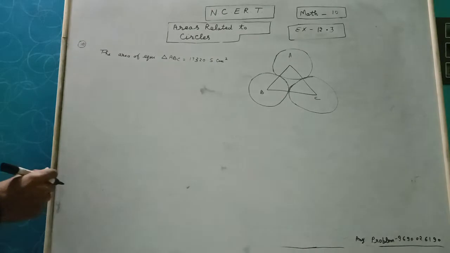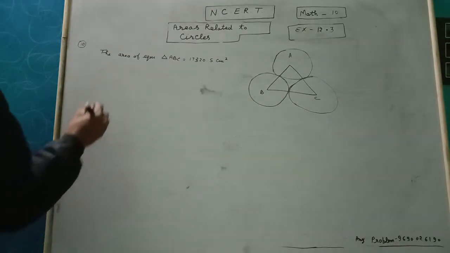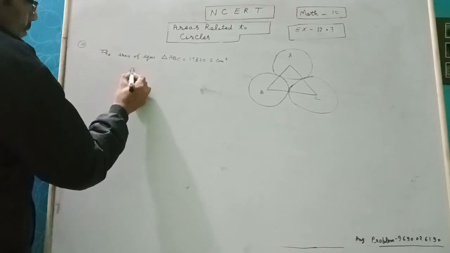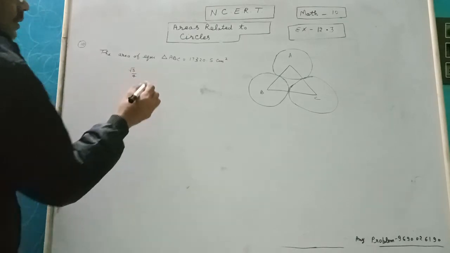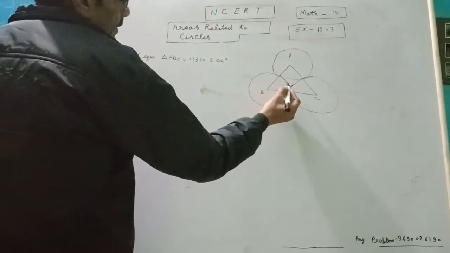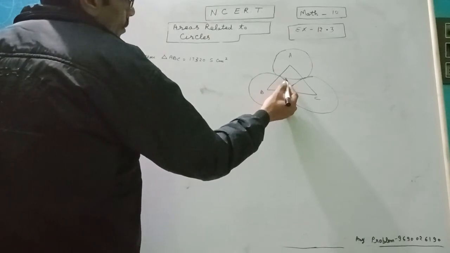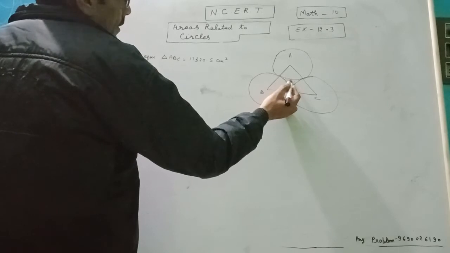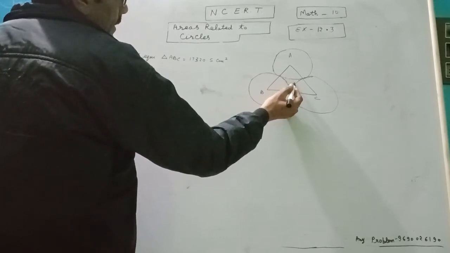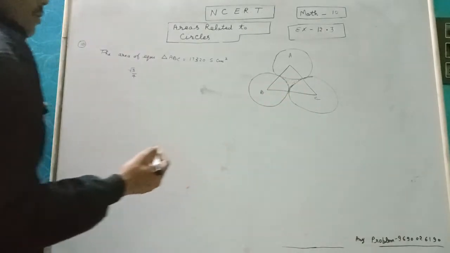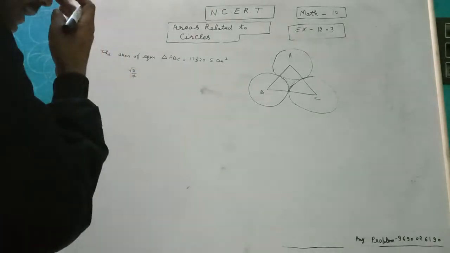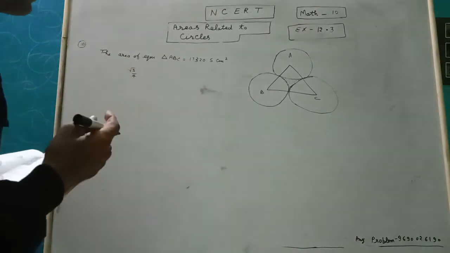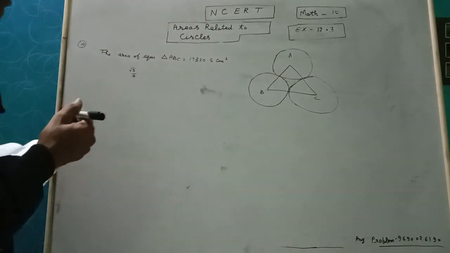In the given question, the area of an equilateral triangle formula is root 3 upon 4 into side square. We find the area of the shaded part. Note: this is the area of the triangle minus the area of the 3 equal parts of the circle.